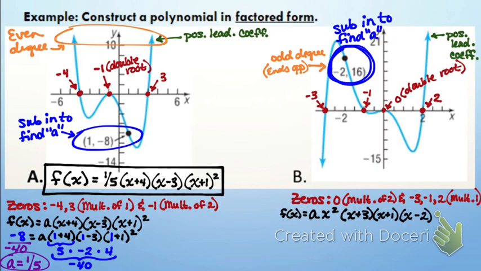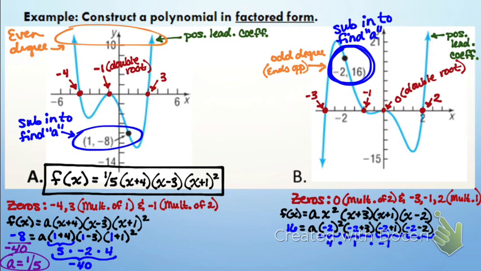So 16 goes in the place of y, my function notation, equals A times -2 squared times -2 plus 3 times -2 plus 1 times -2 minus 2. -2 squared? 4. -2 plus 3? 1. -2 plus 1? -1.